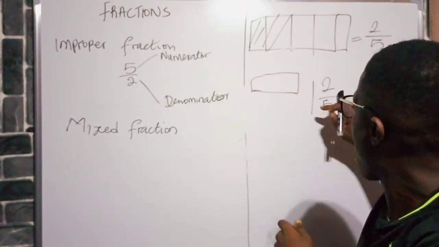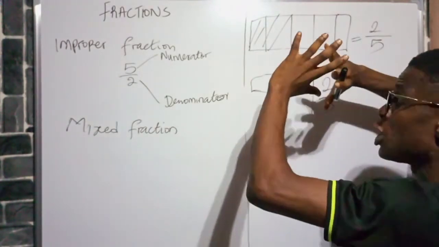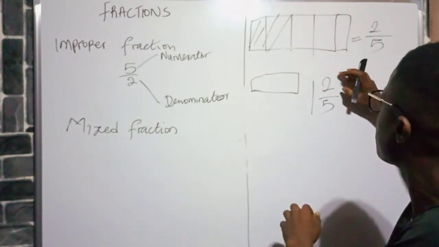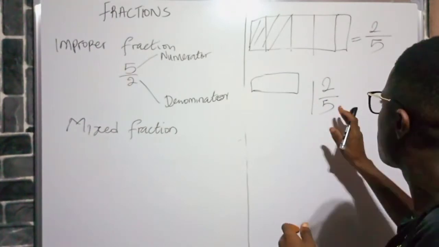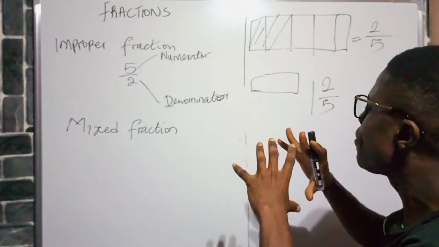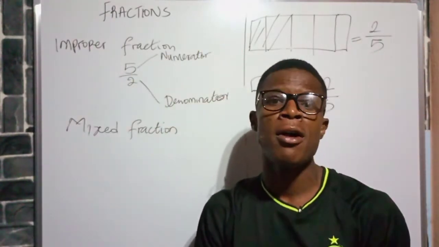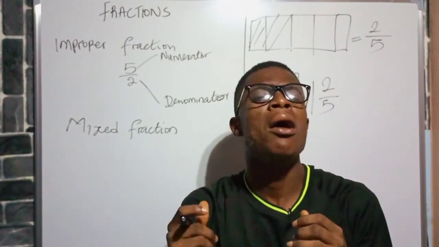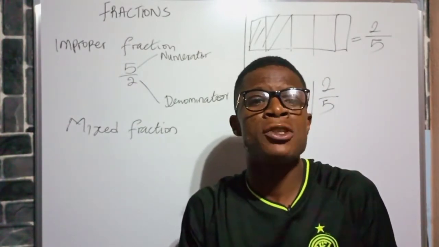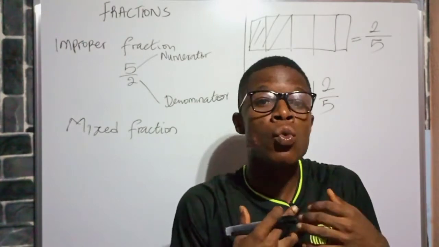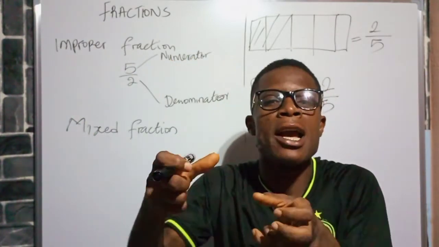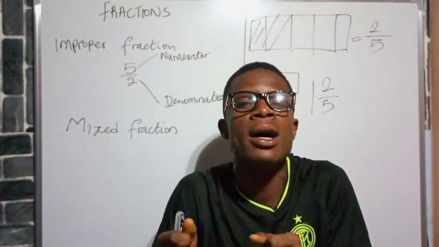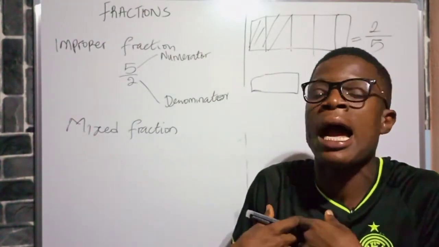So at this point, I have one loaf of bread, which is a whole number, and I have another one, two out of what? Five.